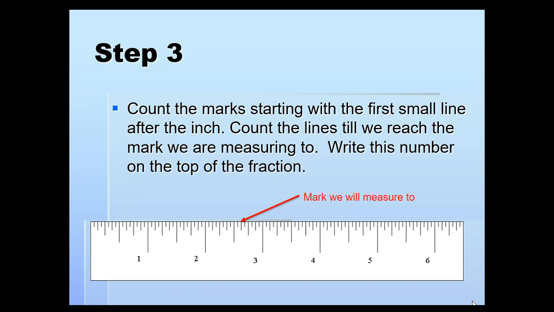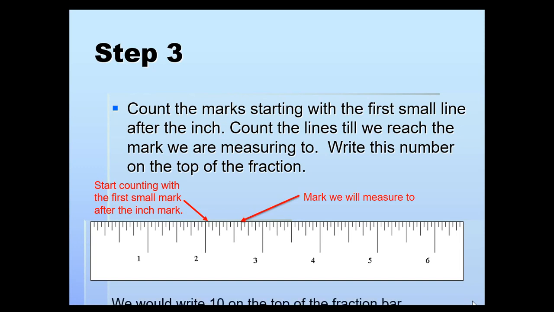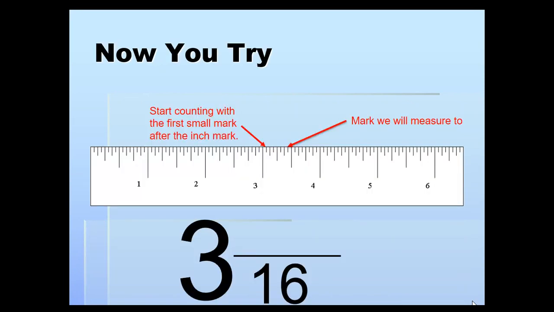So with this, we're always going to start with that first small mark after the inch. Then we're going to count each line until we get to the mark we're measuring to. So if we were to count these all in order, we would come up with the number 10, and we would write that on top of the fraction bar. Now you try.